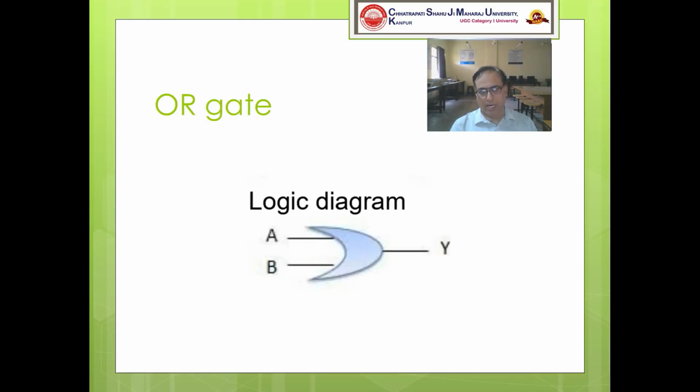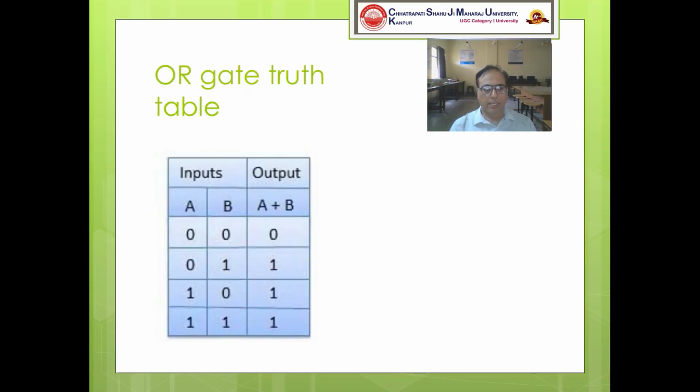The logic diagram or logic symbol for the OR gate will be something like this, which is a two input OR gate having an output Y and inputs A and B. Now for this we can write a truth table something like this. When input A is 0 and input B is 0, 0 plus 0 is 0.